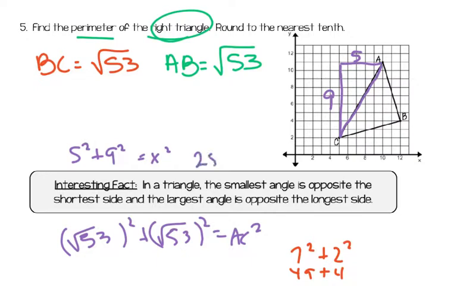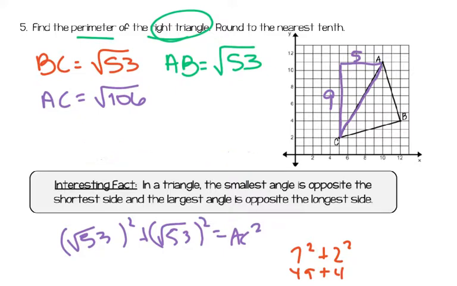So that's 25 plus 81, and so that's 106. And so AC is equal to the square root of 106. Oh, you know what? Actually, to find the area, we didn't even need to do that. Since I went to the trouble, I'm going to leave it there. But actually, oh, no, we're doing the perimeter.